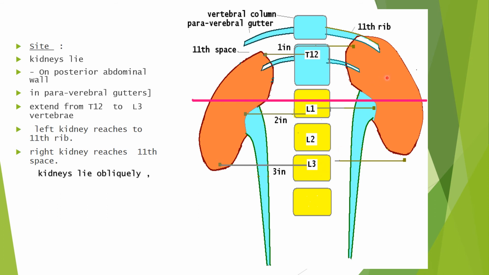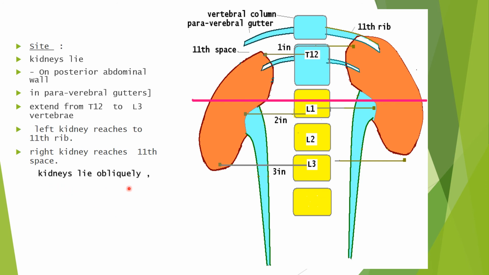The left kidney reaches up to the 12th rib, while the right reaches the 11th intercostal space.